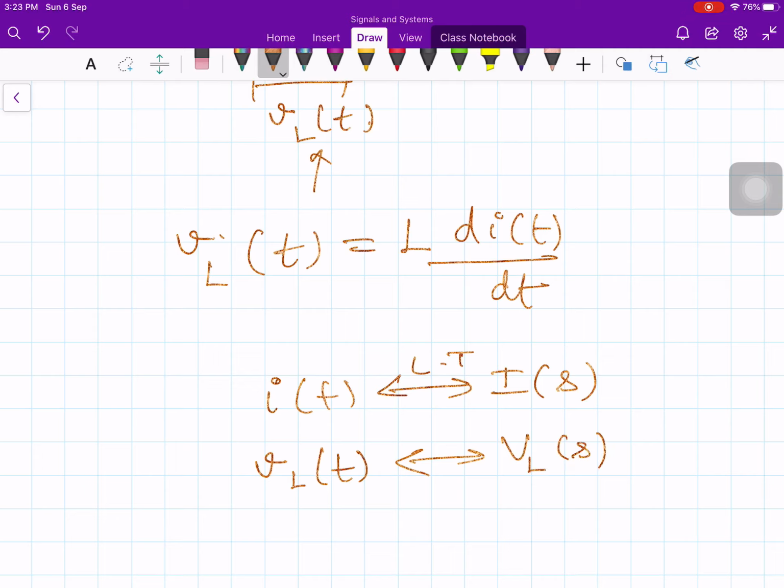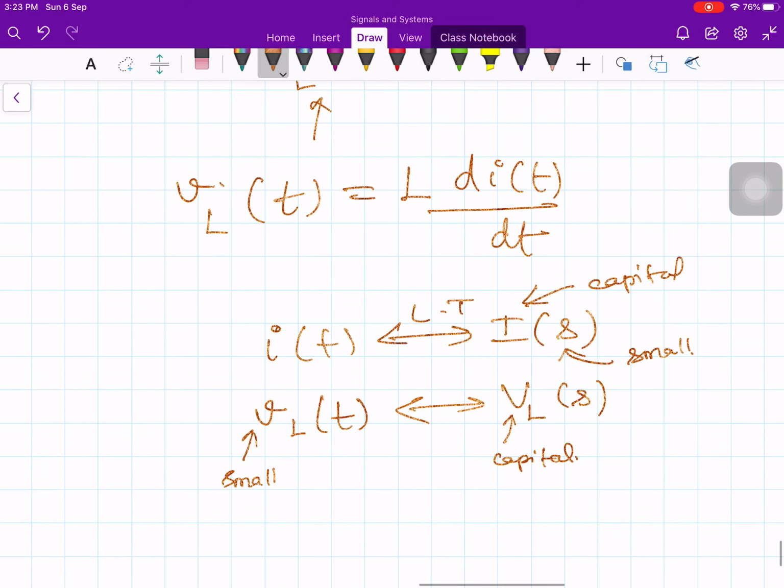That's why I changed from small letters to capital letters. So in the transform domain we always use capital letters, but the time variable is in small letters. Please remember this, don't write anything wrongly.